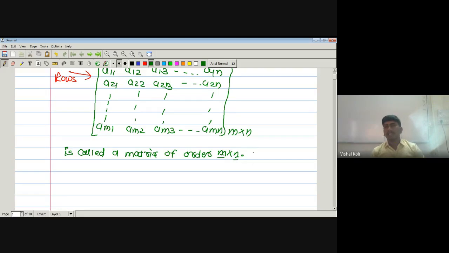Okay, and the numbers a11, a12, a13 and so on up to amn are called the elements of the matrix.